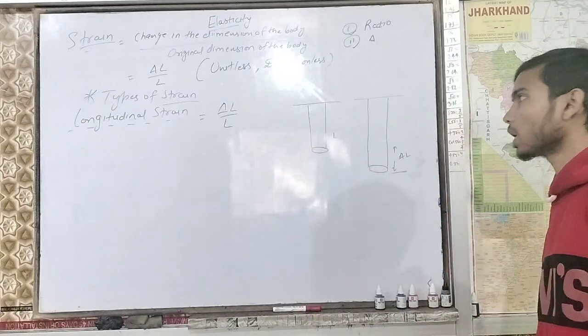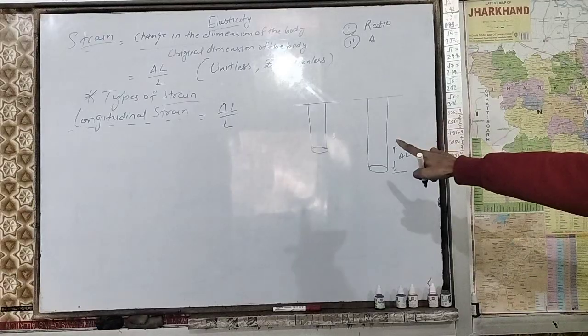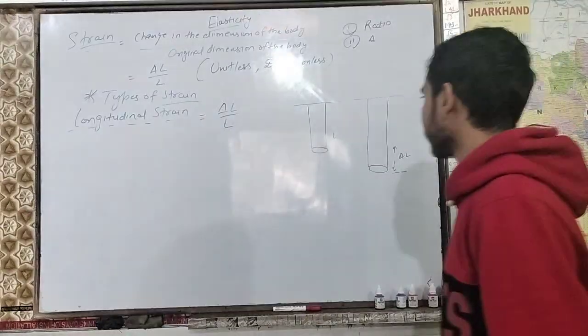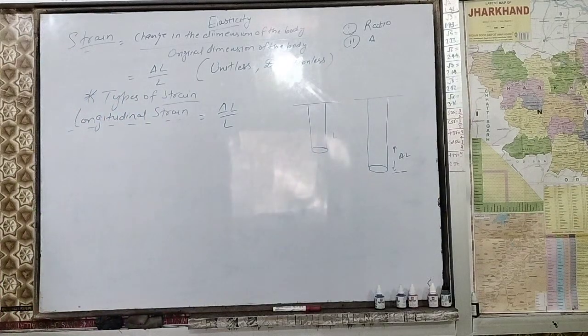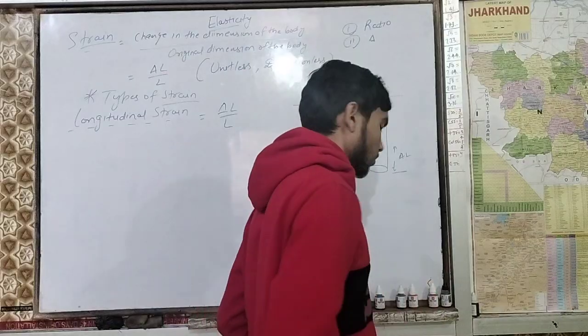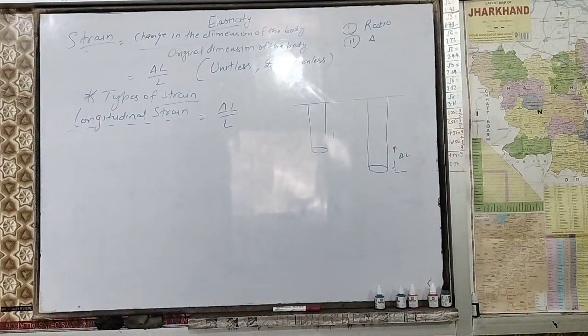This is what we have to calculate, and it will be upon L. Longitudinal strain is possible only in solids. Remember, this is mechanical properties of solids. We are not talking about mechanical properties of fluids.